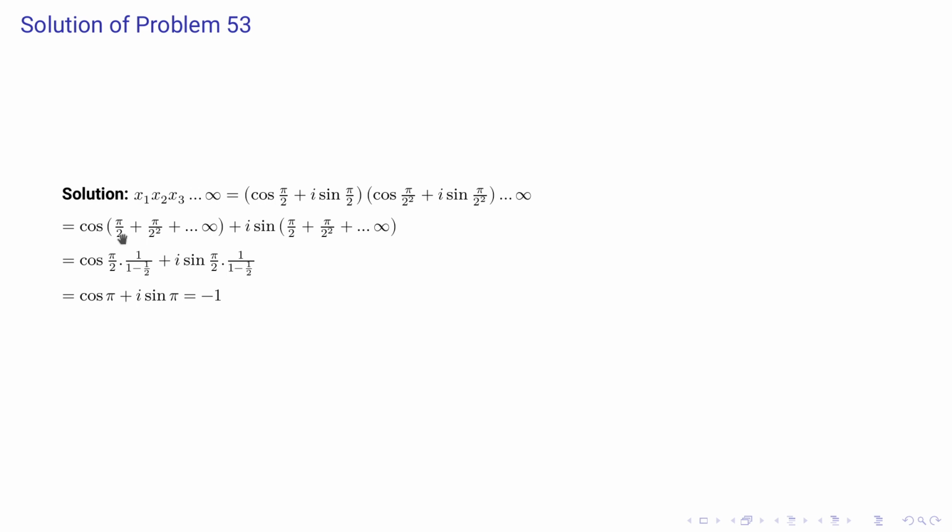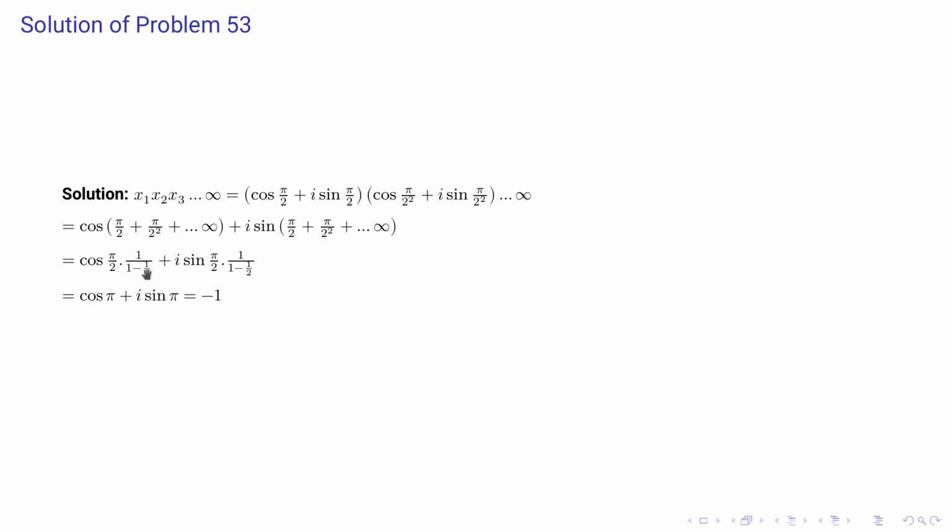cos of (pi by 2 plus pi by 2 square plus up to infinity), and i sin of (pi by 2 plus pi by 2 square up to infinity). Now in both of these terms inside parentheses, the first term is pi by 2 and common ratio is 1 by 2. You can clearly see that it's a geometric progression with common ratio 1 by 2. So we write cos pi by 2 into 1 by 1 minus 1 by 2.